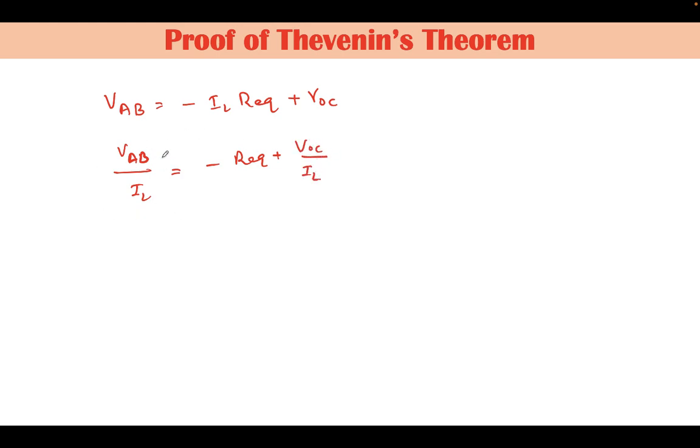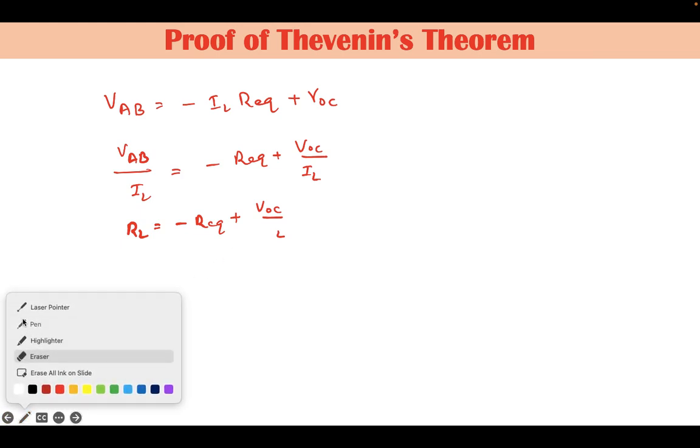Since VAB upon IL is nothing but RL, RL is equal to minus R equivalent plus VOC upon IL.